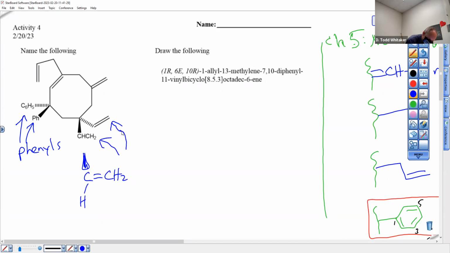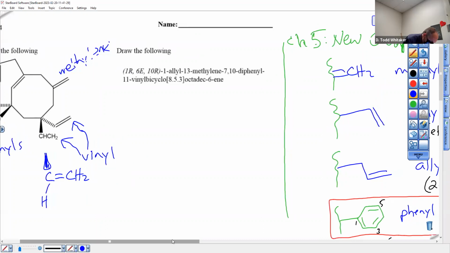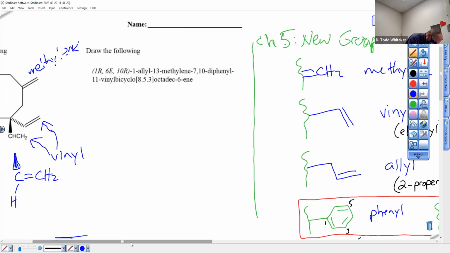What's the name of it? Yeah, vinyl, methylene. That is madness. There too. I can't live with that.